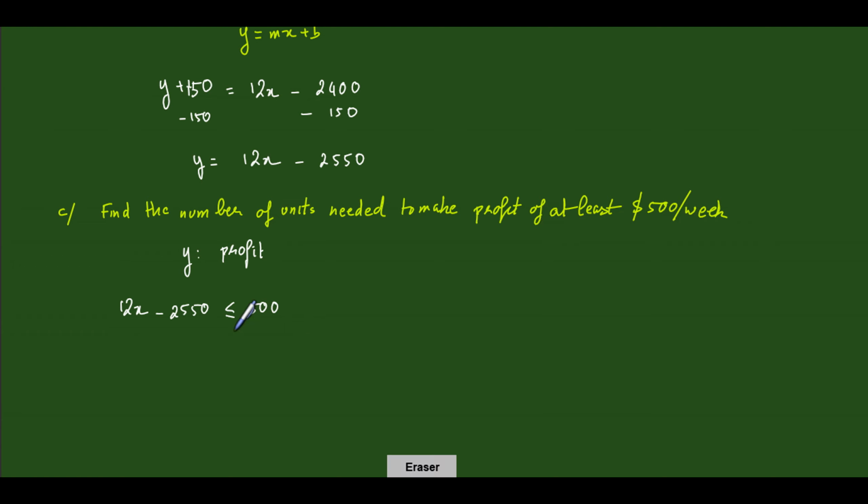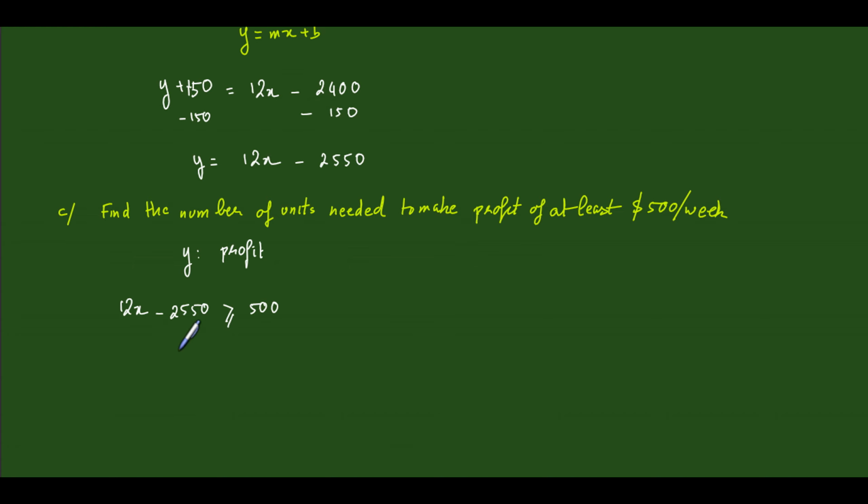Oh, I'm sorry. It's not less than, it should be greater than, because it's at least, not at most. At least means the lowest number is 500, so it could be more than 500.